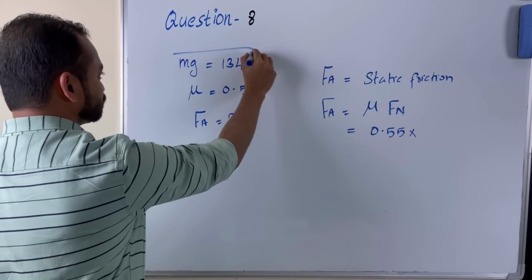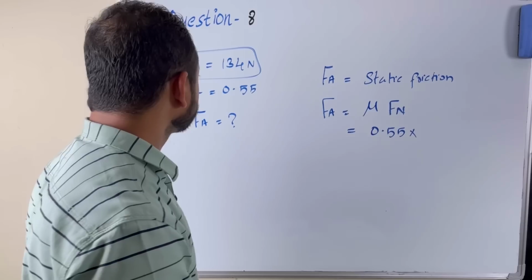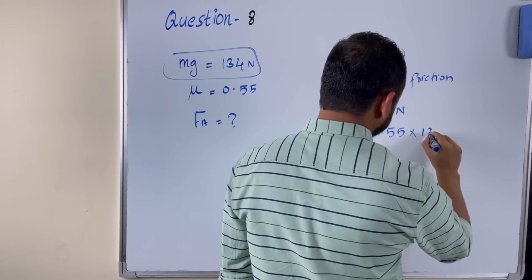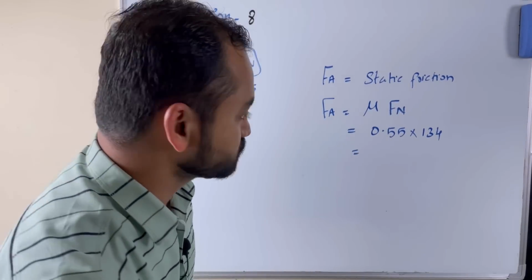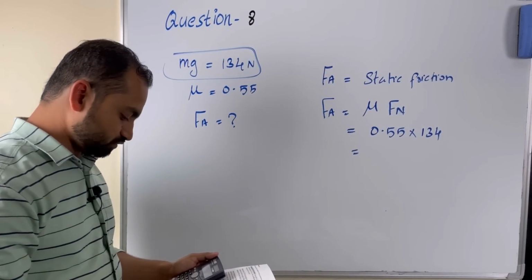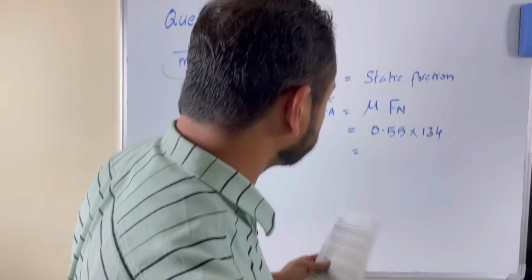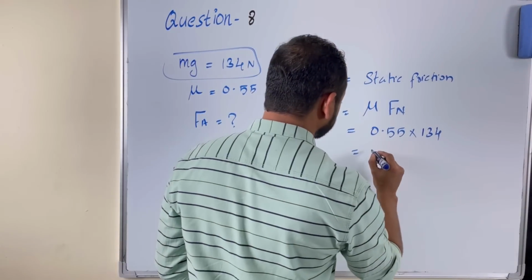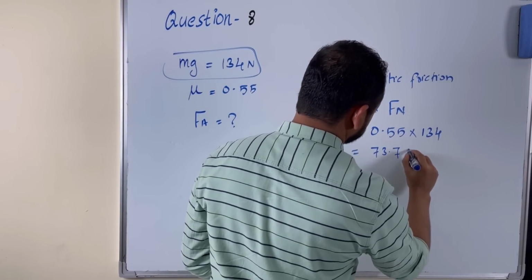Normal force is always equal to mg for a horizontal surface. So 0.55 multiplied by 134 equals 73.7. What's the unit? Newton, right?